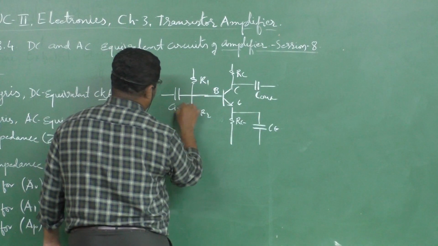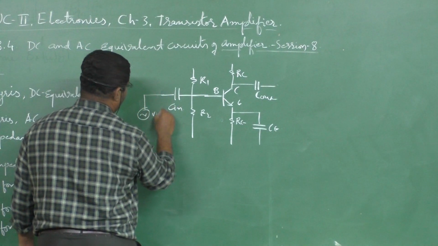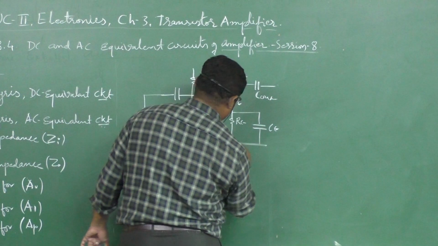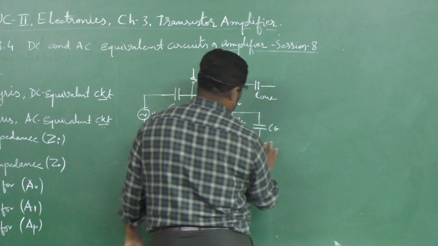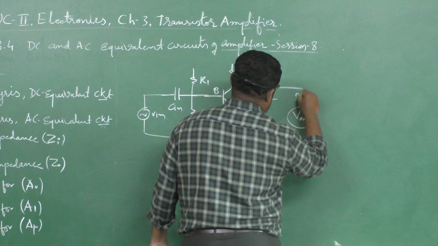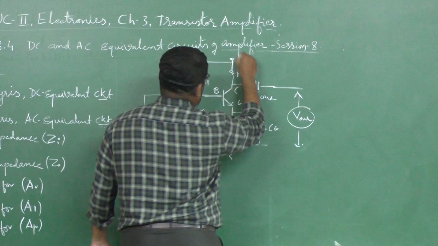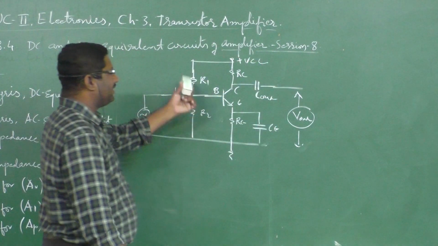This is C in, the input capacitor, and then we have the AC source V in, and all these go to the ground. Here we have V out, and here we have plus VCC. So this is our circuit diagram.